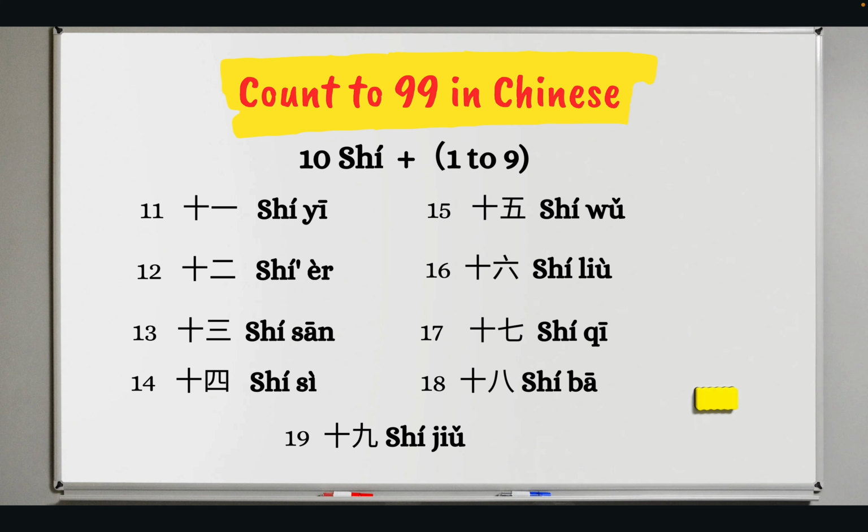Now, to count from 11 to 19, it is just going to be 10 plus 1 to 9. Let's give it a try. 11, 10 and 1. Simple, right? 12, 10 and 2.